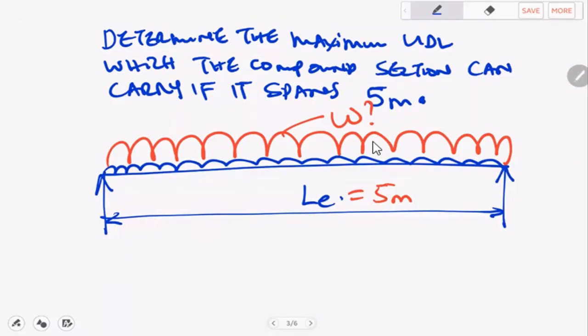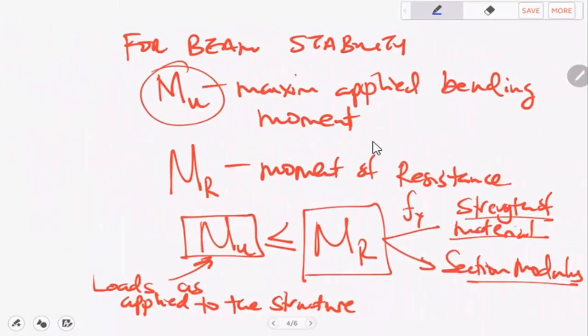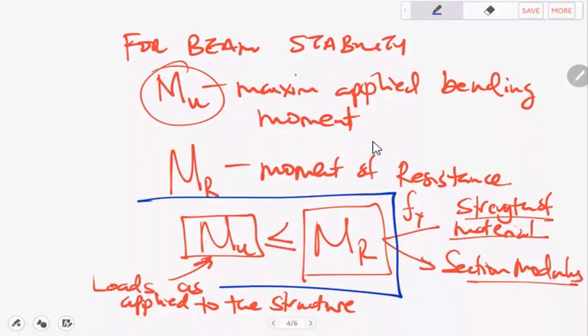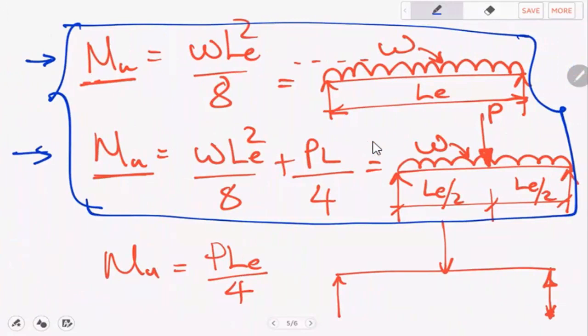So whenever you're given a question of this nature, right, all they want you to do is to play around with this expression. How do you play around with that expression? You play around with this expression in this manner. We know that the ultimate moment can either be that or it can be that.